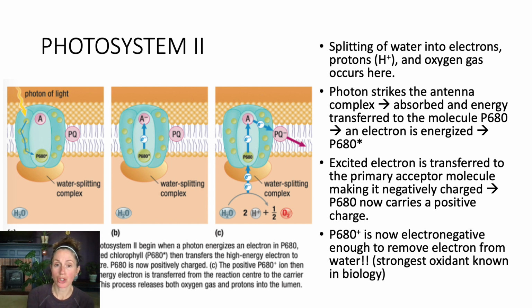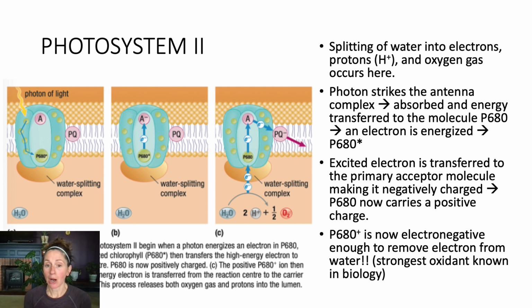When the photon of light strikes the antenna complex, so that whole protein structure embedded in the membrane with all of the accessory pigments, the absorbed energy is transferred to P680, and the electron gets energized, and we get P680 star. The excited electron is then transferred to the primary electron acceptor molecule, and that becomes negatively charged, so it was reduced. P680 now carries a positive charge, so it was oxidized.